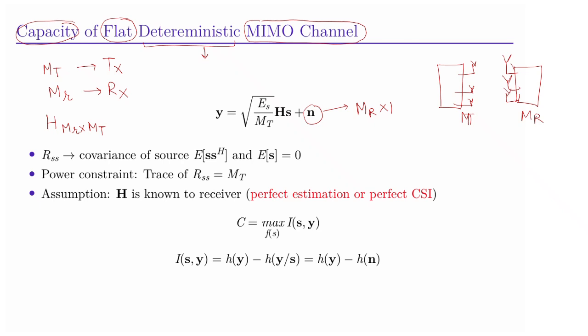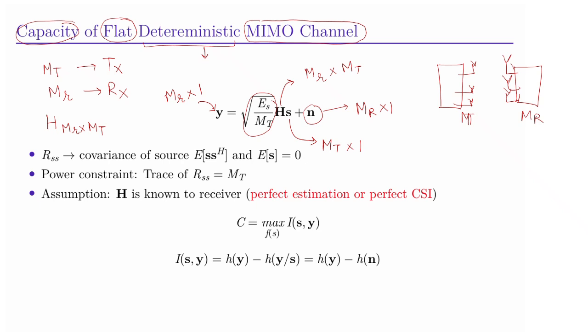Noise is at the receiver, so we have MR cross 1. Then s, since we have MT transmitter antennas, we are transmitting MT symbols and it takes the dimension MT cross 1. Then H has a dimension MR cross MT, and the received signal y is again MR cross 1. Here Es by MT means the signal power is divided equally among the MT antennas.